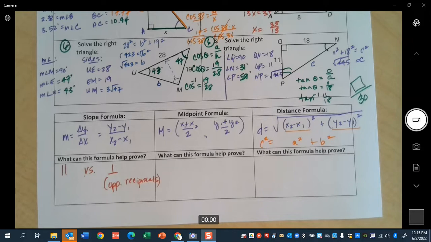Okay, let's talk more. What shapes have perpendicular things? Squares. Squares have perpendicular what? Sides. What else is perpendicular in squares? Yeah, diagonals. So if you're trying to prove a square or a rhombus, perpendicular diagonals.